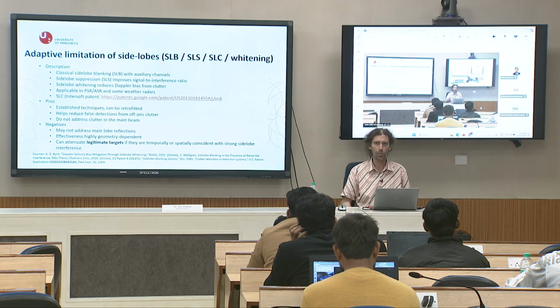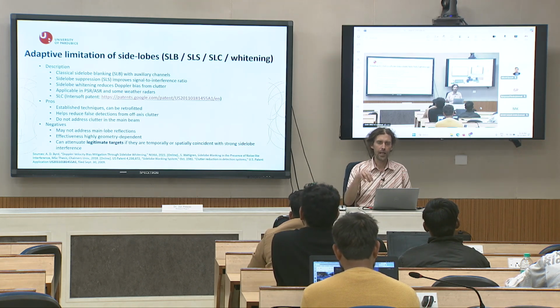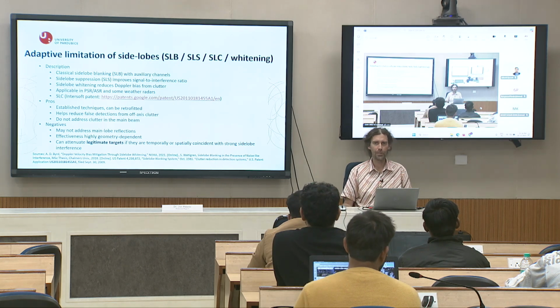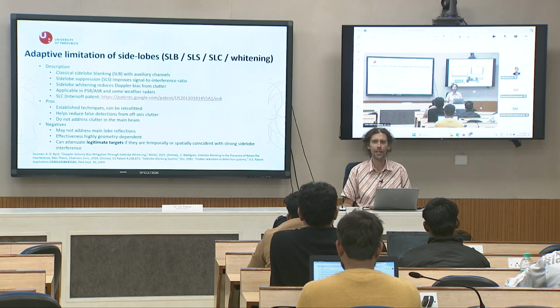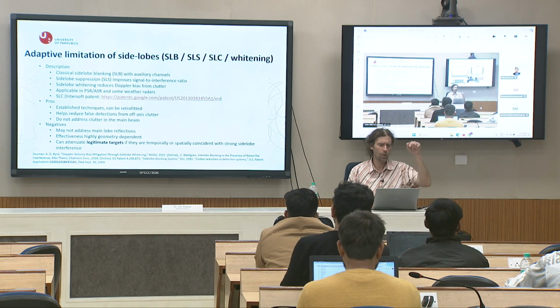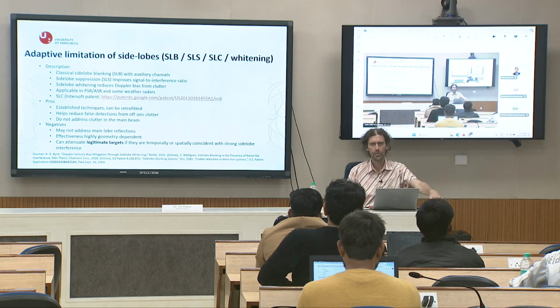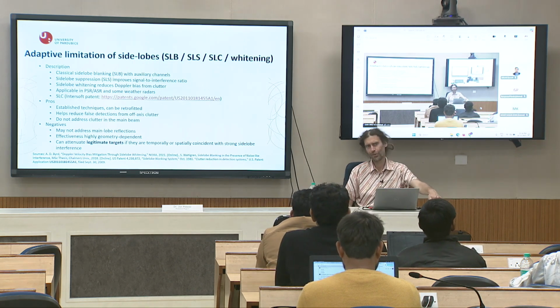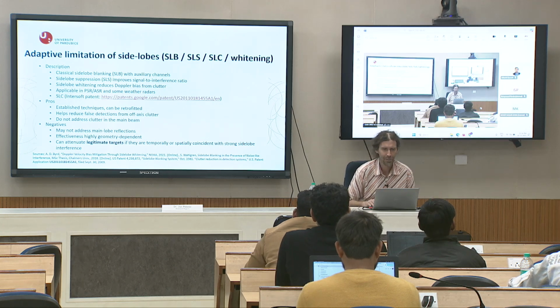And it is another problem. With any mitigation technique, if a target is close to these wind turbines, you don't mitigate only the wind turbine, you will mitigate this target also. So you need to be careful with this, especially with this null technique. Okay, I can say, okay, don't watch there. But if a target is there, then you have a problem.